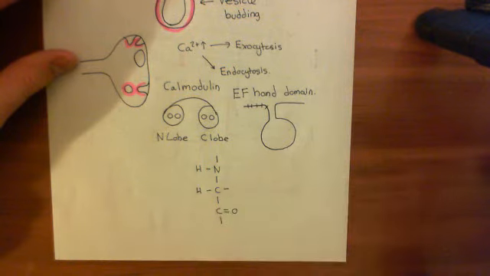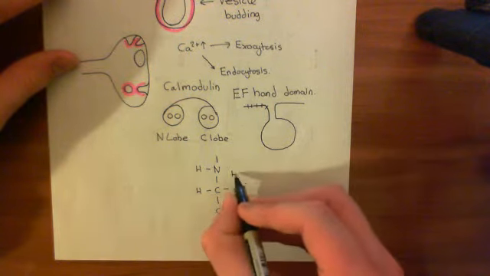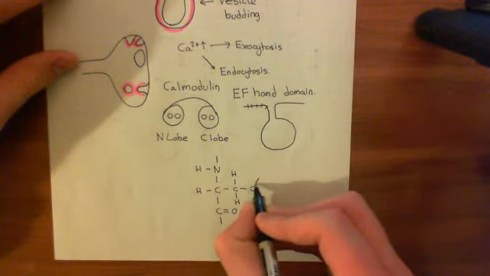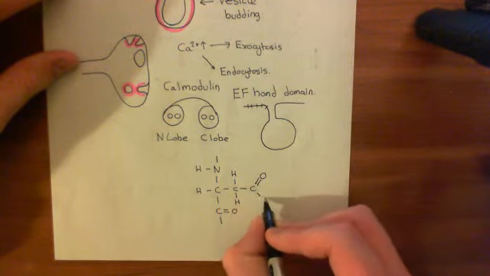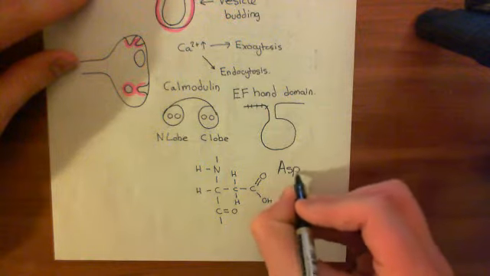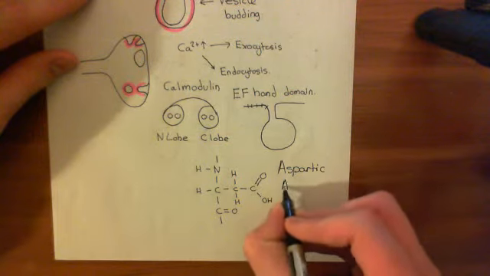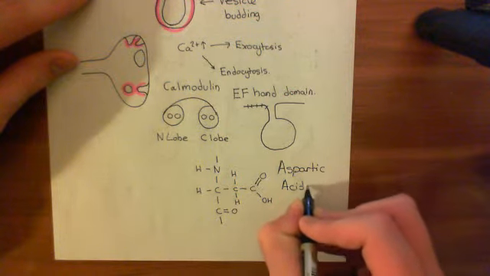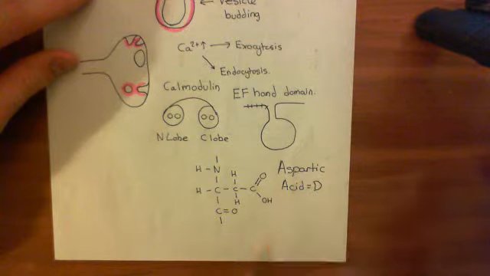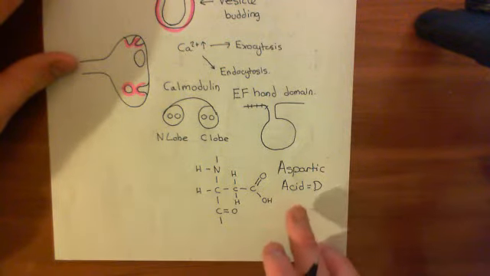Okay, so the R group then of aspartic acid. Aspartic acid has a methylene group, and then it has a carboxylic acid group here. Right, so this is aspartic acid. Aspartic acid, the single letter amino acid code for which is D, just to add a bit of extra information.